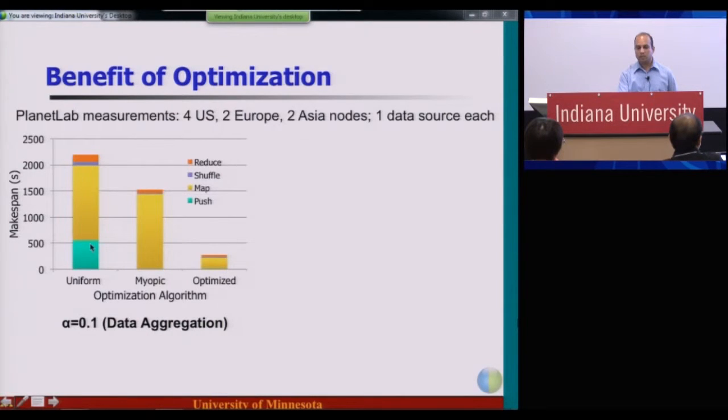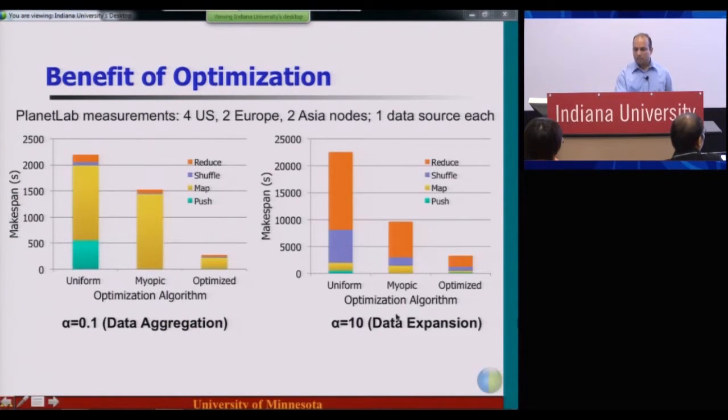In particular, it's able to get rid of a lot of the push. So it's able to figure out that you should push as close as possible. But it still is paying a lot in terms of the actual map execution. And the optimization, since it does an end-to-end optimization, it's also able to bring down the map cost.